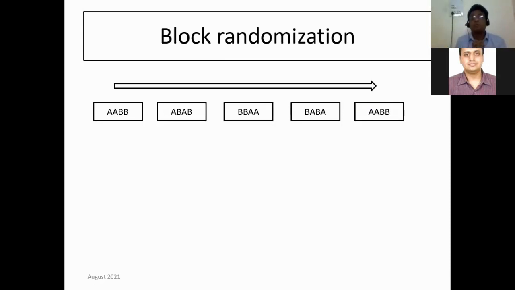Suppose you see this example, either treatment A or treatment B. If I already decide that I have a block of 4, then in my mind I already know that once the first patient is A, the second patient is also A, the third patient is B. So even before the fourth patient comes, I already know that the fourth patient is treatment B. If I'm biased towards treatment A, I might say to that fourth patient, oh, please go home, you are not the right person to come.